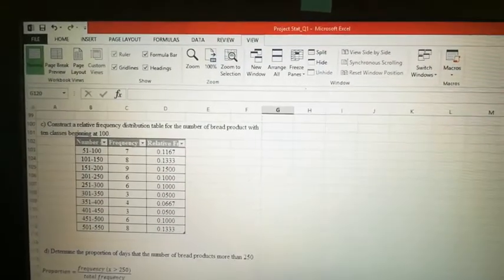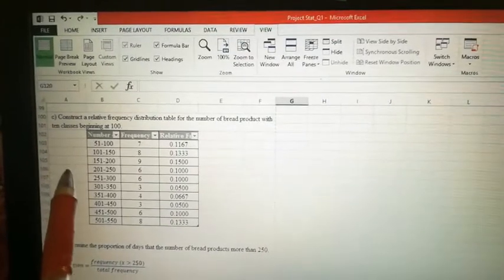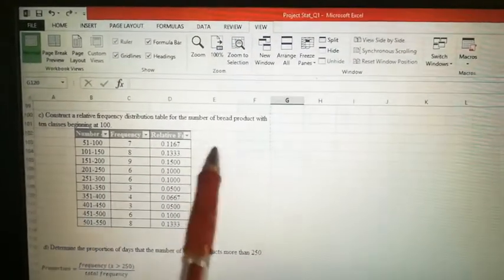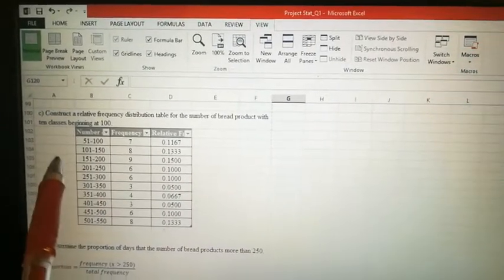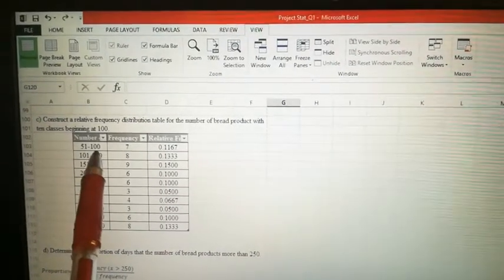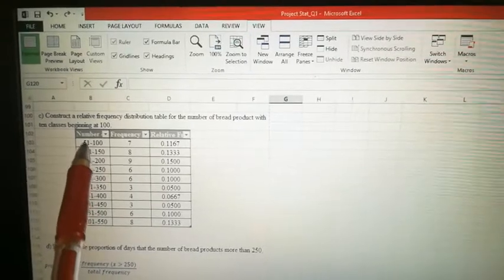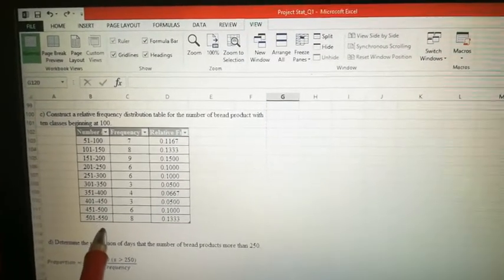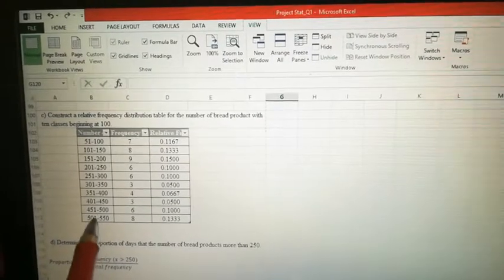at 100. Because the question needs us to class the number of bread product, we begin with 51 until 100, then count until we get 10 classes, until finally we get 550.